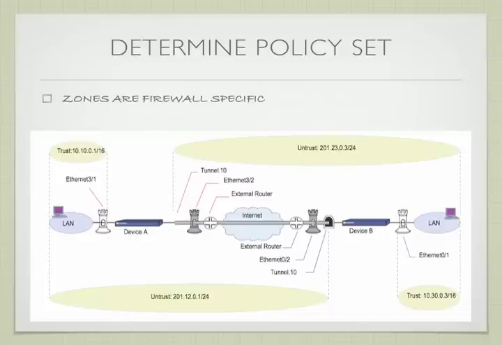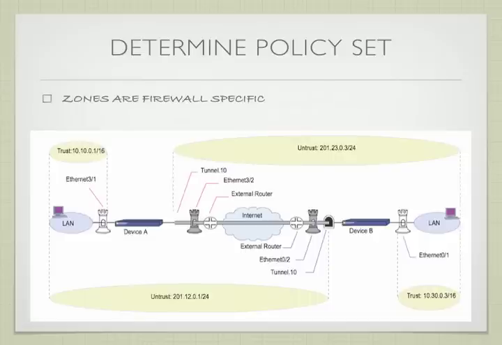On the top of this diagram, we have the view of the world from device A, and on the bottom of the diagram we have the view of the world from device B. So at the top you can see the trust zone for device A is Ethernet 3.1 and the LAN, and everything else in this diagram is placed into the untrust zone. So the remote network is untrust to the device A, and the reverse is true for device B.